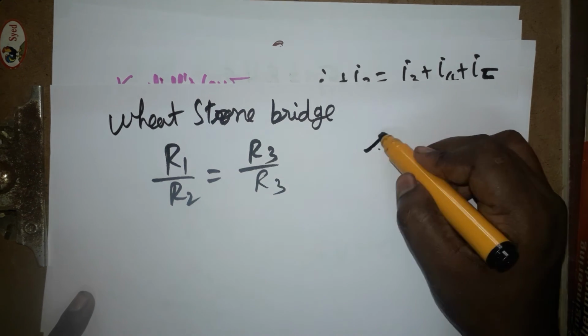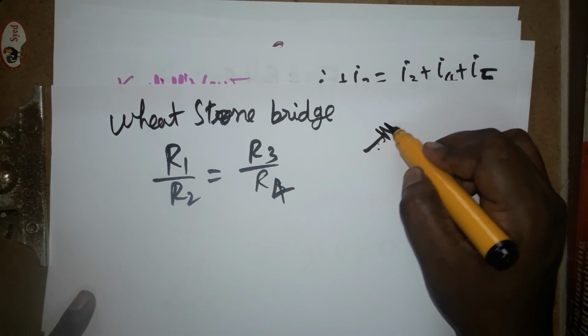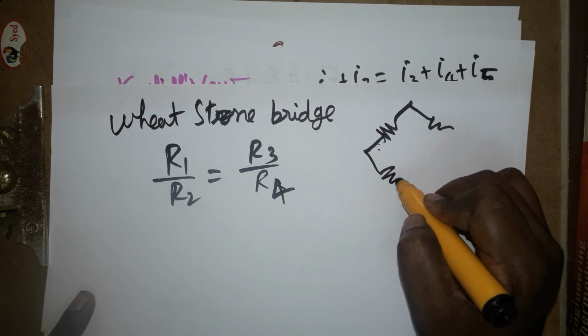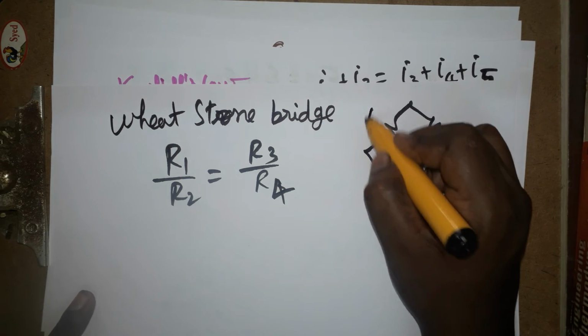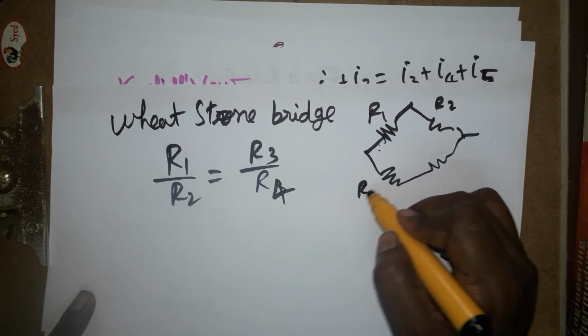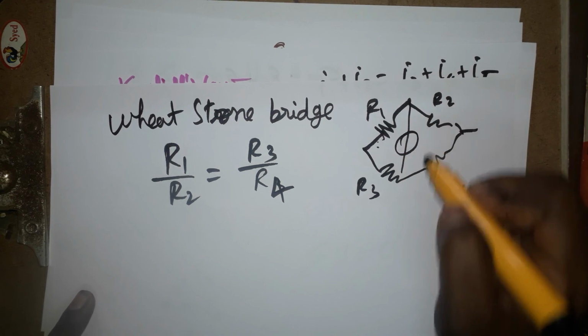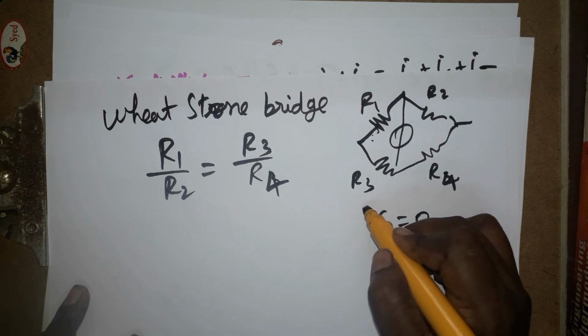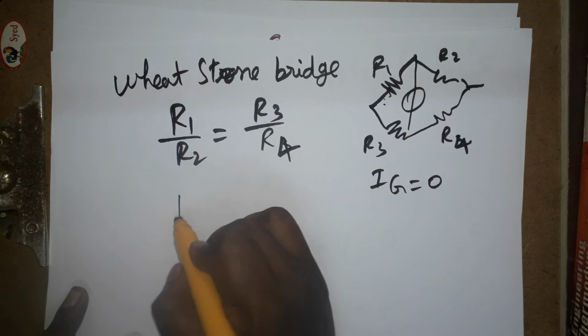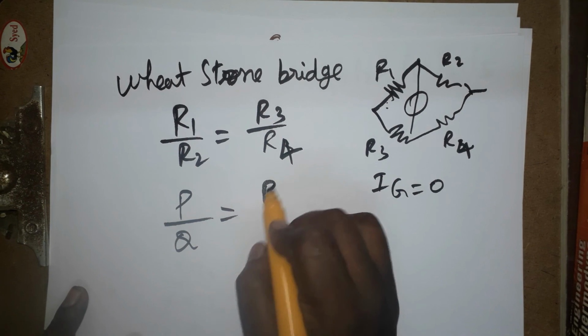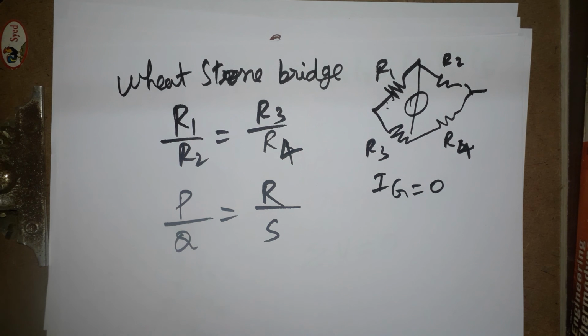The Wheatstone bridge is based on this arrangement with R1, R2, R3, R4. The center circuit current will be 0; the galvanometer current Ig will be 0. Similarly, P by Q is equal to R by S also. Both values will have units of ohms only. Don't get confused here.